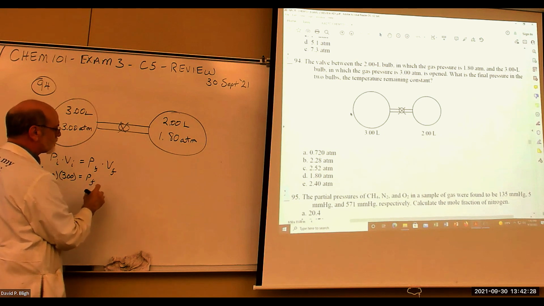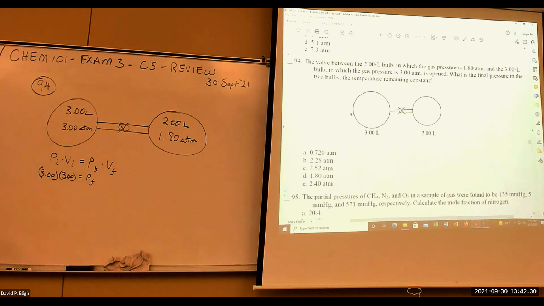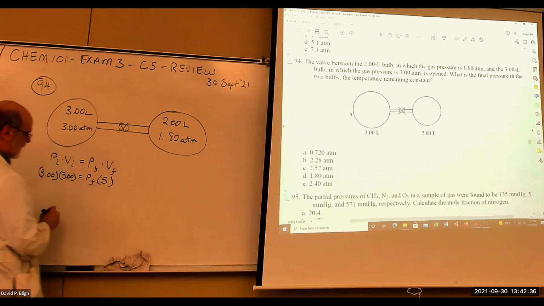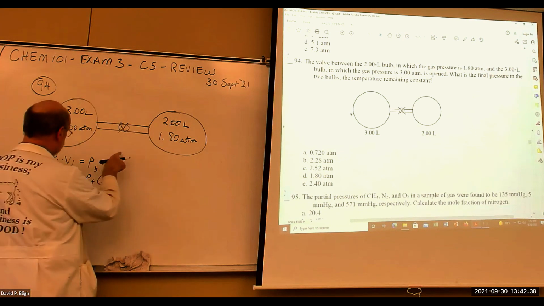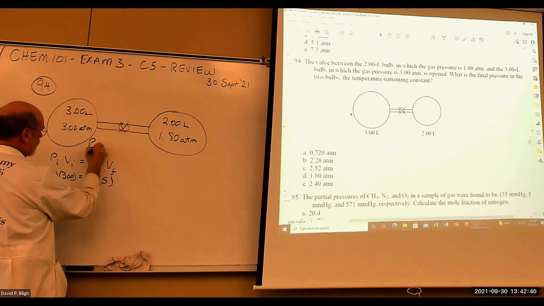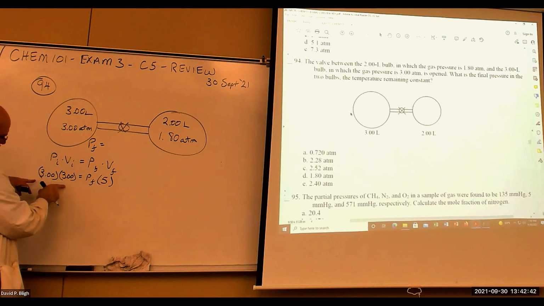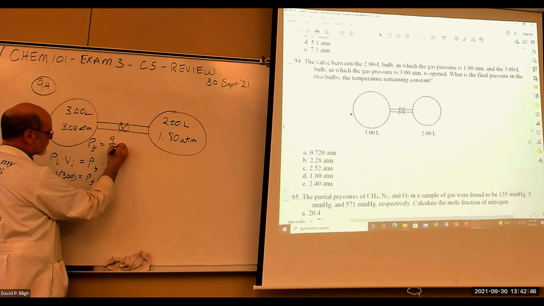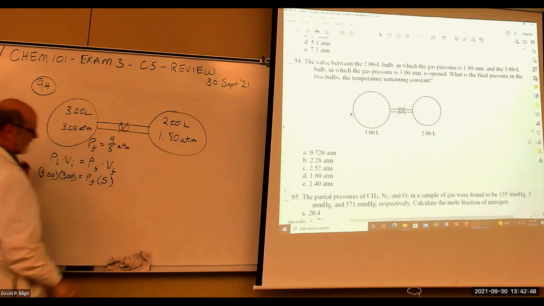And the final volume is what? 5 liters. 3 plus 2. Okay? So for this one, the final pressure is equal to 9 divided by 5. 9/5 atmosphere. Okay?